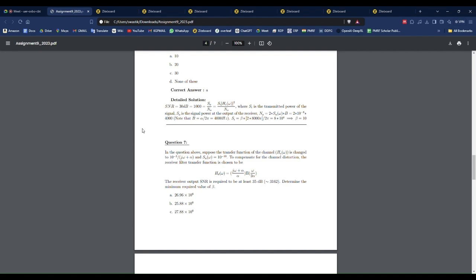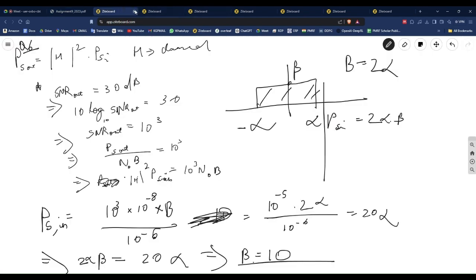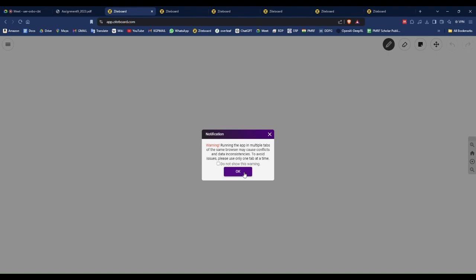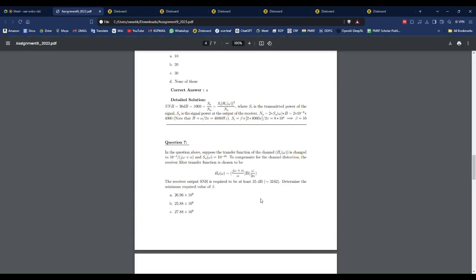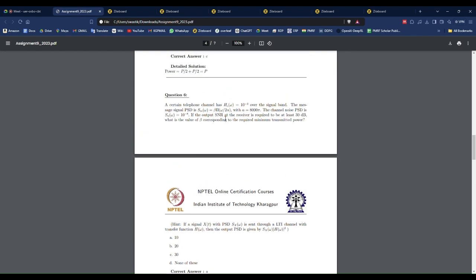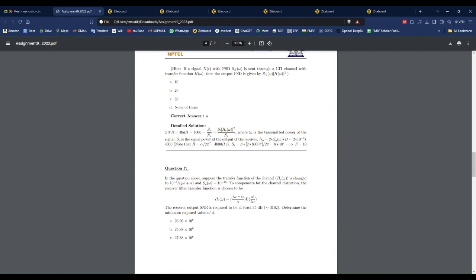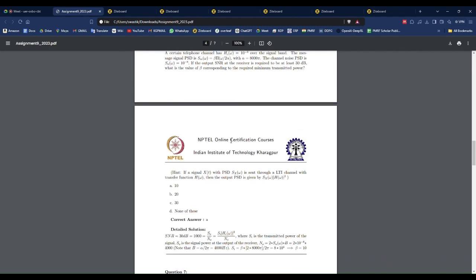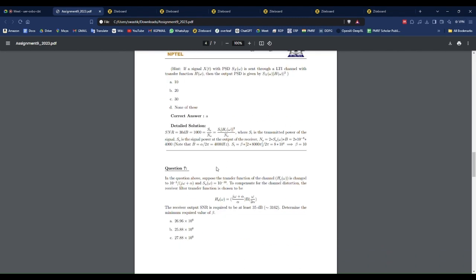So again, in question 7, the input is the same. So the message signal has a spectrum beta pi omega by 2 alpha, with alpha equal to 8000 pi. Beta equal to, so question 7.